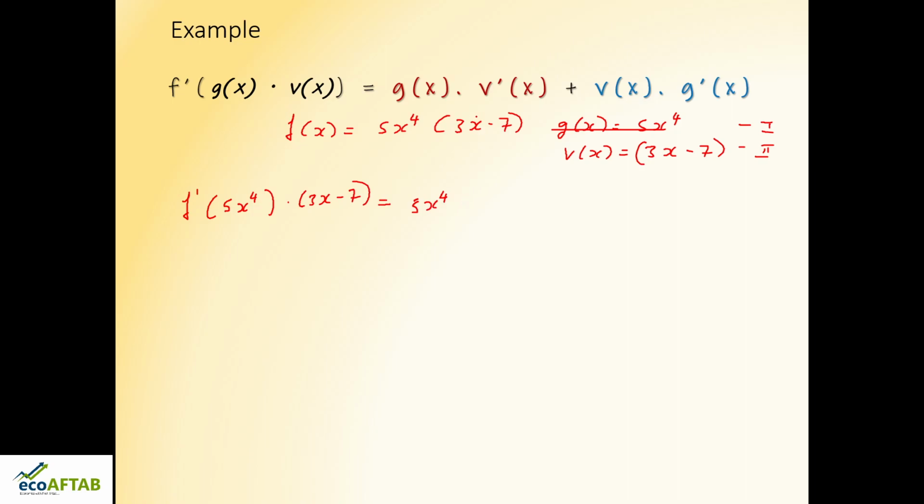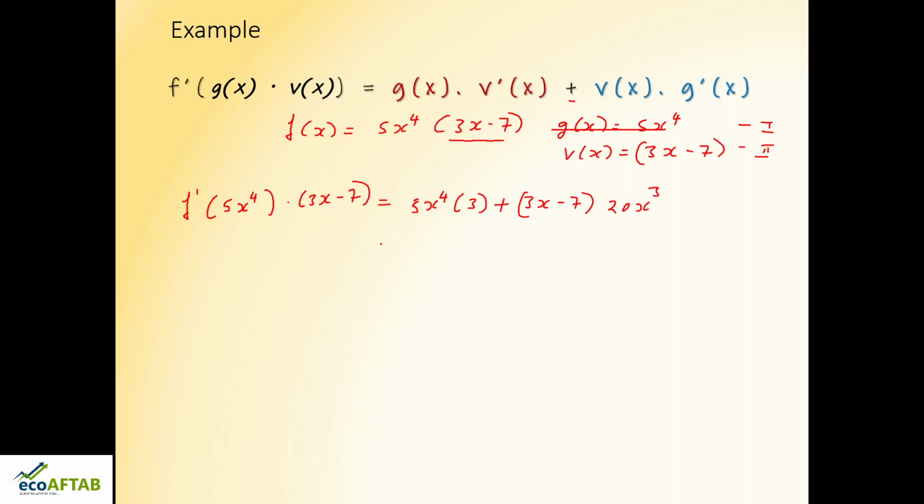So, when we find out the derivative, what we are going to get is only 3, because 1 into 3 is 3, x raised to 1 minus 1 is x raised to 0, that will be 1, and this is a constant, so it will be 0. Then after this, plus the original function 3x minus 7, and then comes the derivative of the first function 5x raised to 4. So, this will be 20x cube.